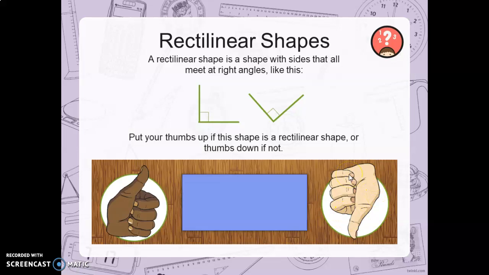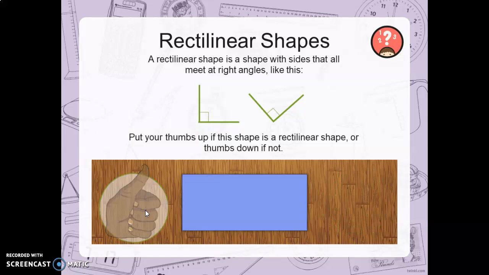Do you think it's a rectilinear shape or not? Let's find out. There is a right angle here, another right angle here, right angle, and right angle. So, sides meet at right angles. So I do think it's a rectilinear shape. Alright, I'll let you go through the rest at your own pace.